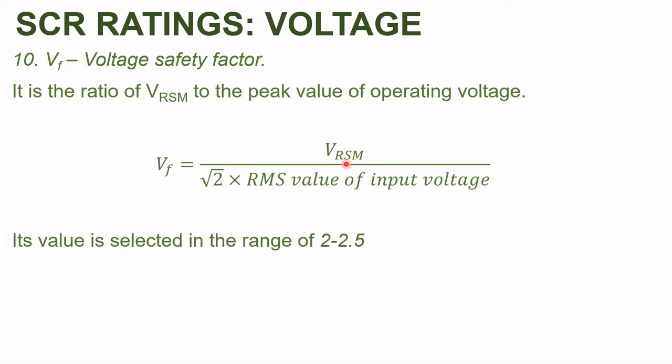The RSM is the reverse surge maximum, so peak value of surge voltage in the reverse direction. Its value is selected in the range of 2 to 2.5.